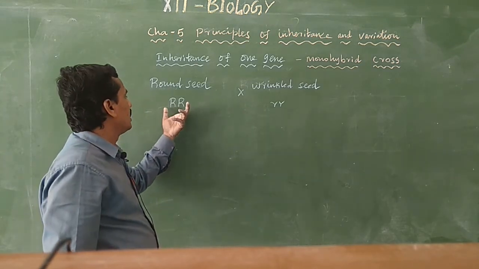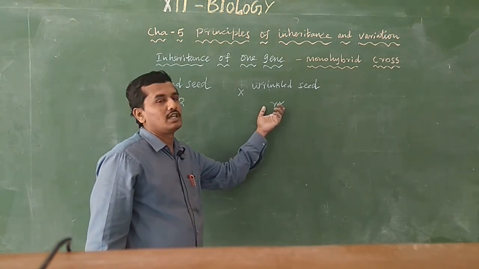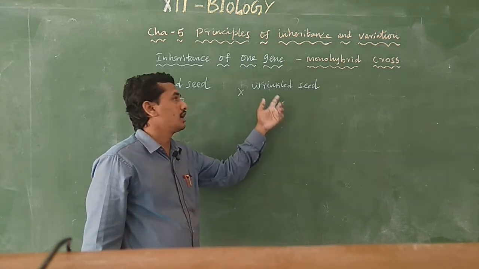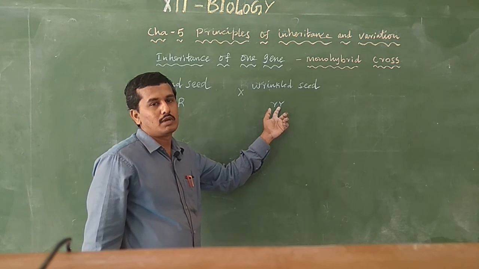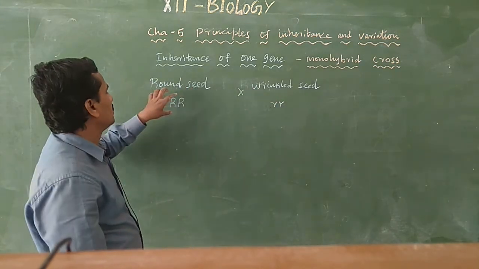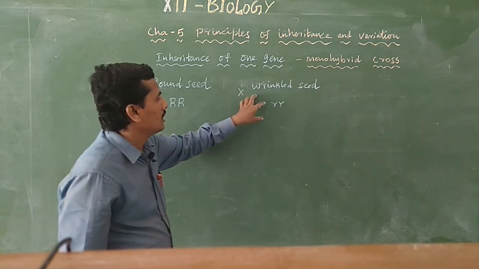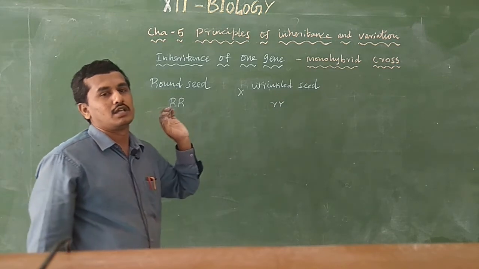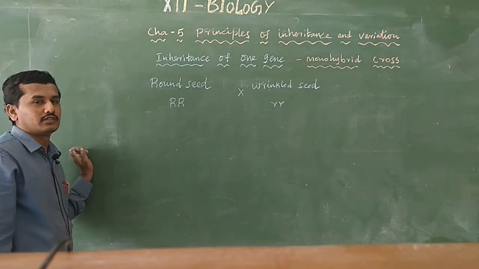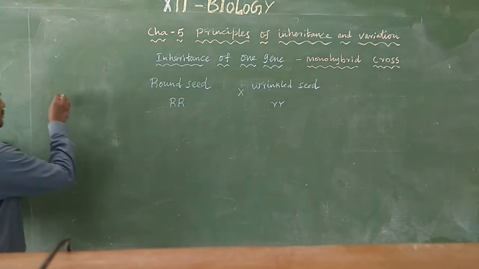According to the conventional rules, we use capital R for roundness and small r for wrinkled. Don't use small w or anything else, it is wrong.